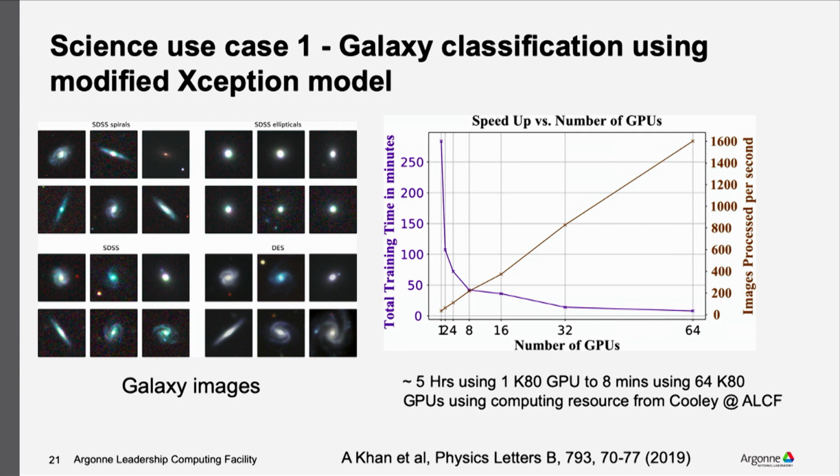This shows the scaling curve, where initially we just use one GPU, and the total training time is 4 to 5 hours. By the end, we use 64 GPUs. The training time only costs about 8 minutes. And this is the overall throughput, the number of images processed per second. So you can see this increases, and then the overall time to solution decreases.